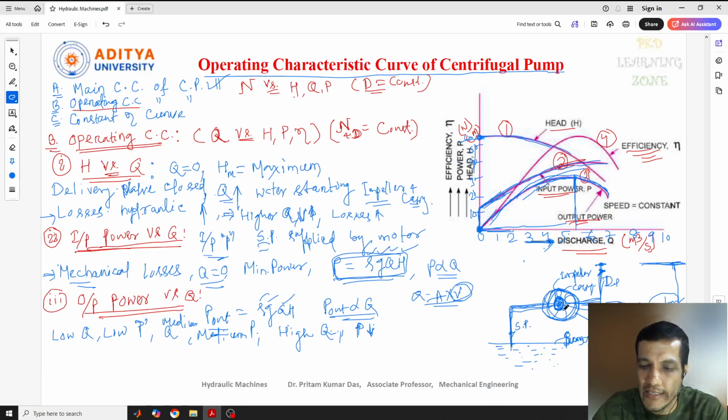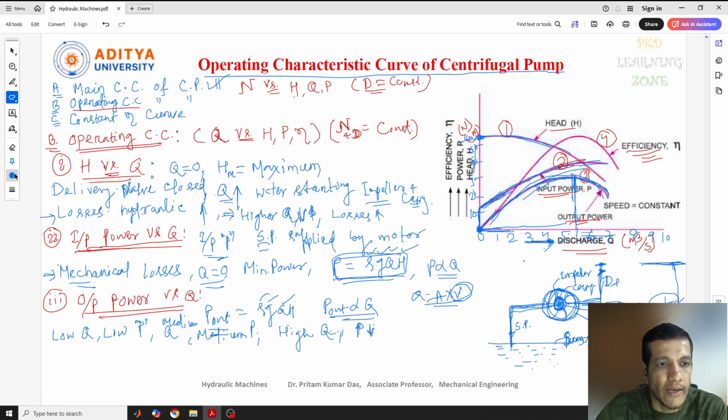So when the velocity is increasing in this impeller, when the blade is running, the water does not come in direct contact with the blade. So there are some losses, and because of that we won't get maximum power. So up to an optimum limit, we can get maximum power with respect to discharge, and slowly it starts decreasing again because of the losses.